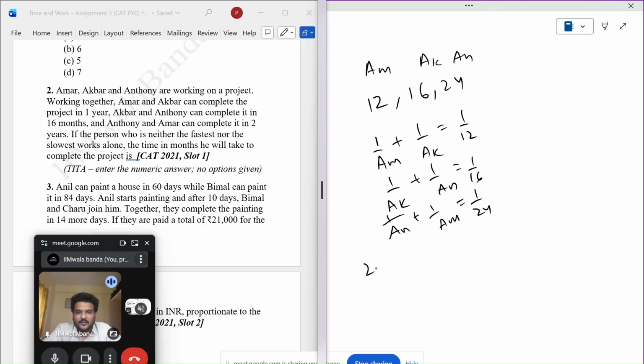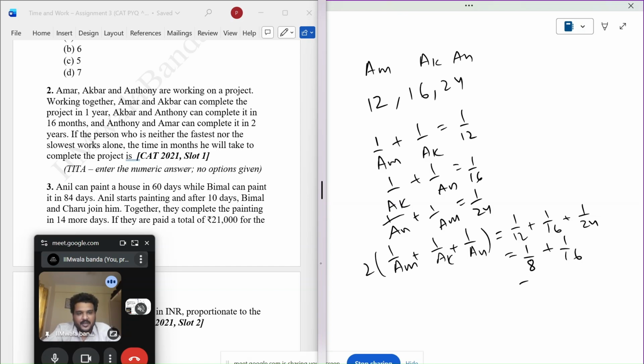So if I add all of them, this becomes 1 by AM, 1 by AK, 1 by AN as 1 by 12, 1 by 16, 1 by 24. This is basically 1 by 12 or 2 by 24, so this becomes 3 by 24, which in itself becomes 1 by 8.